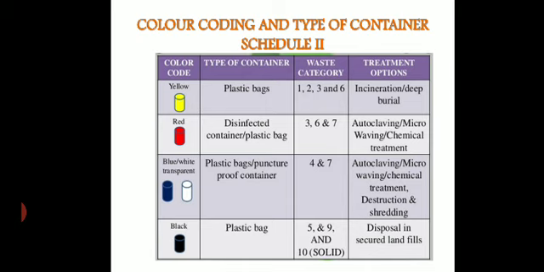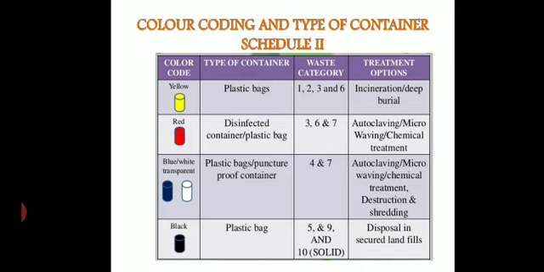And category 10 includes your chemical wastes, so the chemicals which are used in production of biologicals, or chemicals which are used in disinfecting or as insecticides. All these come under category 10. Whatever solid waste arises from category 10 can be dumped into the black color coding.